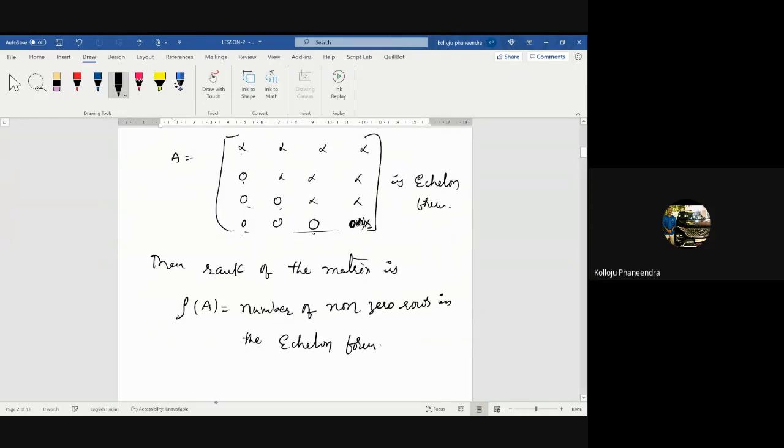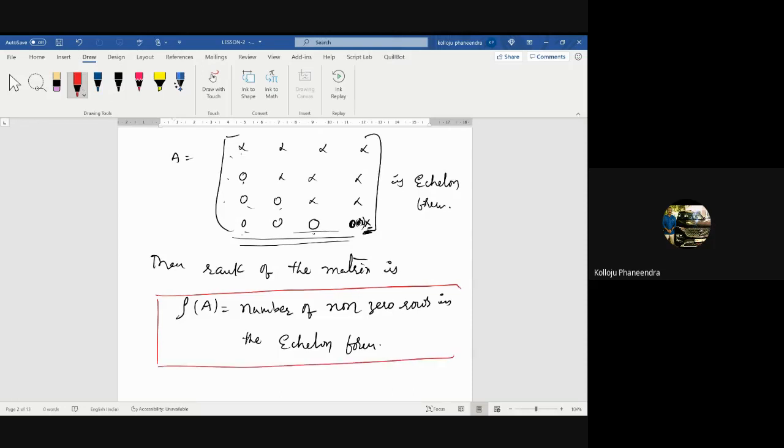If in this bottom one all the entries are 0, it is a 0 row. Then how many non-zero rows are there? 1, 2, 3. So rank is 3. If the last one is not 0, the rank is 4. This is the general process, and this is the main thing. After converting to echelon form, the rank of the matrix is the number of non-zero rows in the echelon form.